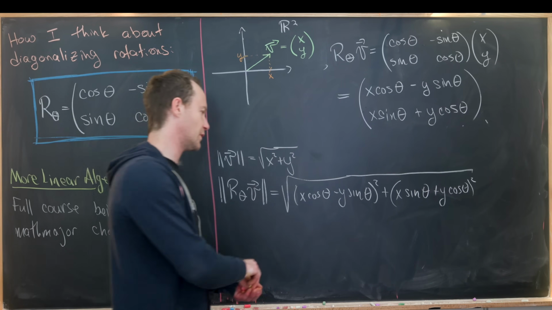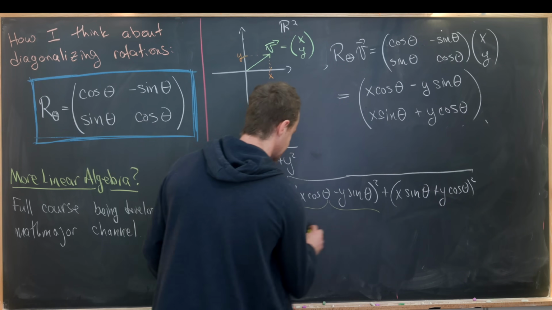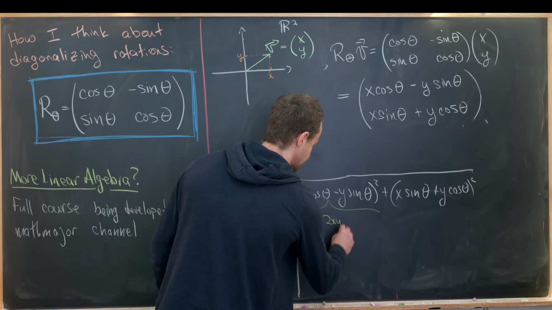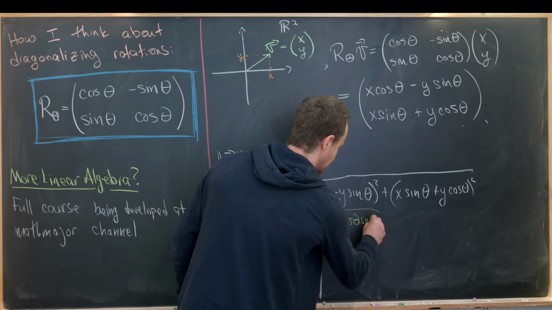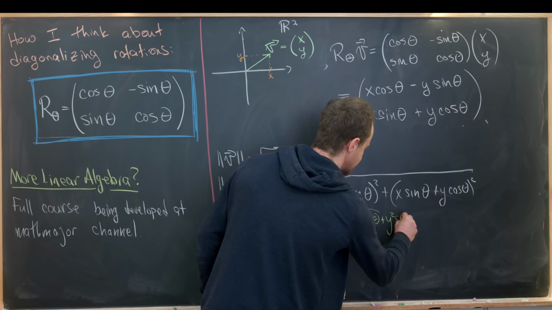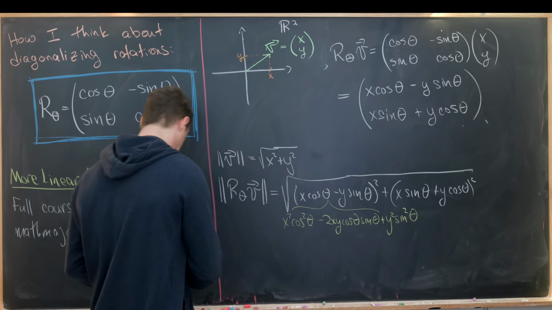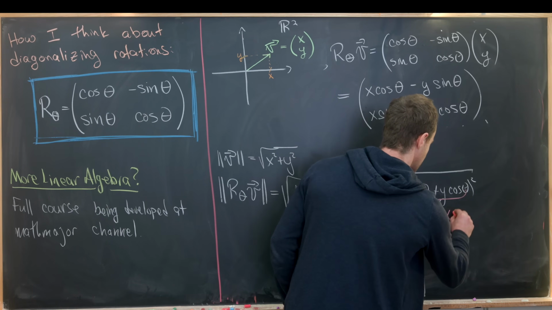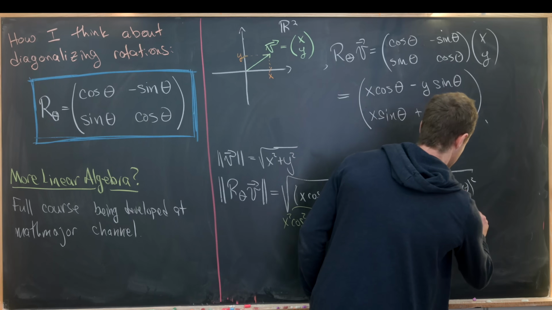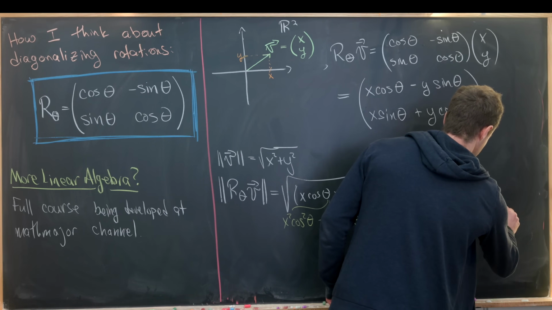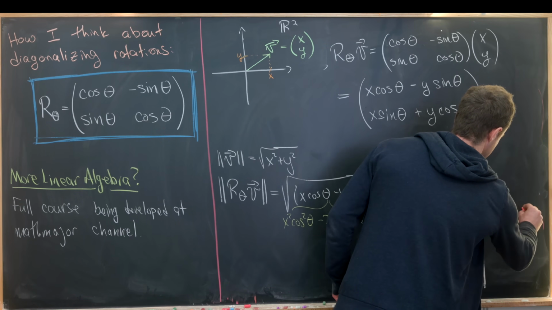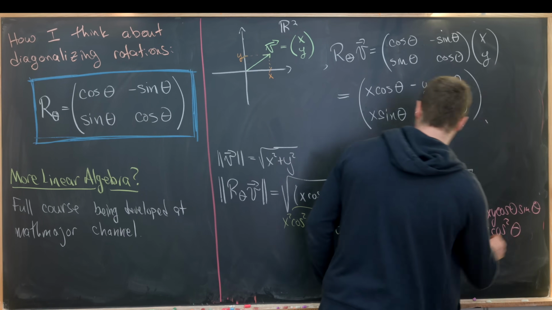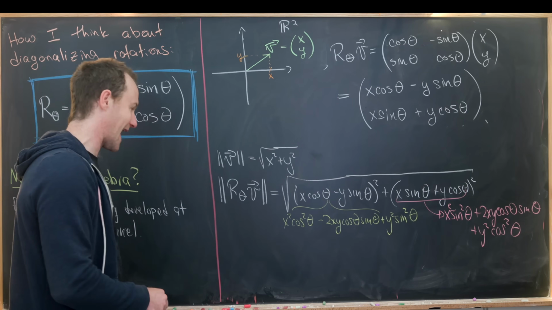But now let's see what we get when we multiply this out. Multiplying this out will give us x squared cosine squared theta minus 2xy cosine theta sine theta plus y squared sine squared theta. And then multiplying the other out will give us x squared sine squared theta plus 2xy cos theta sine theta, and then finally plus y squared cosine squared theta. Now we can start adding things together.